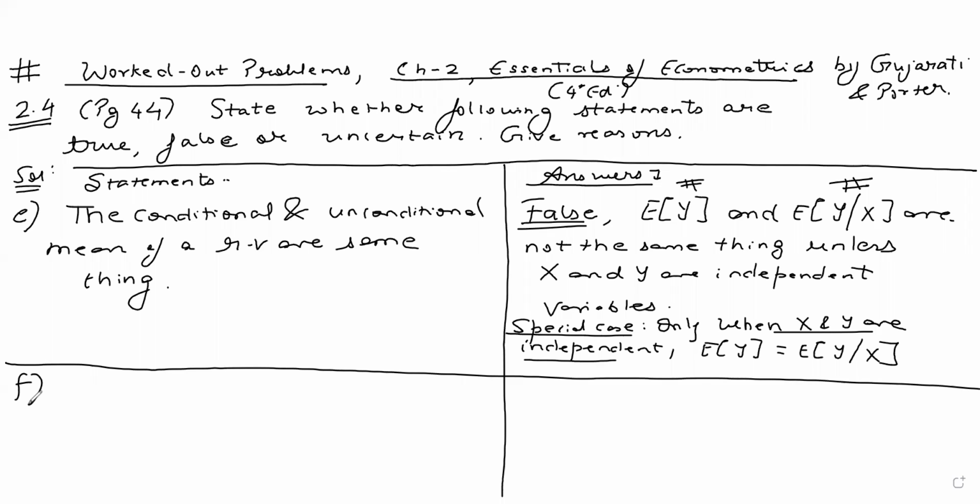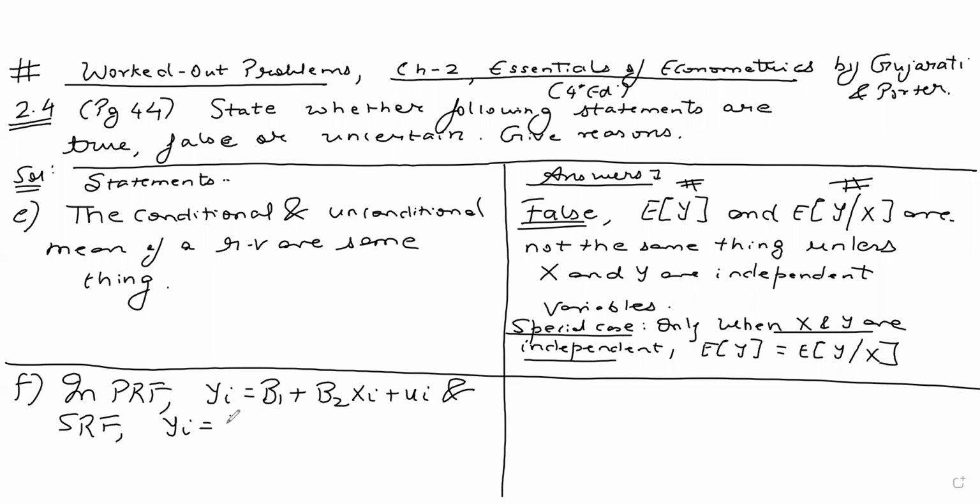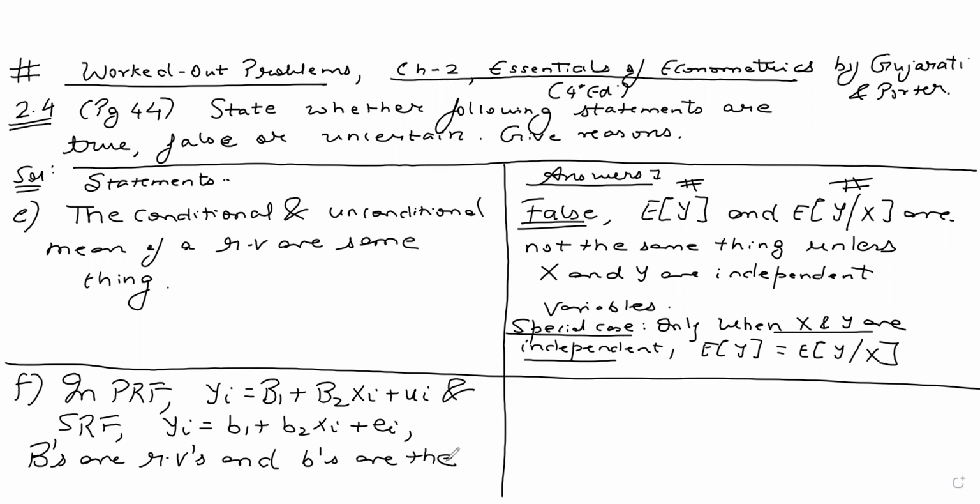So statement F: in the population regression function yi equal to B1 plus B2 xi plus ui, and the sample regression function yi equals small b1 plus small b2 xi plus ei, we are given that capital B's are the random variables and small b's are the parameters. Again, it's a false statement. You can clearly see.